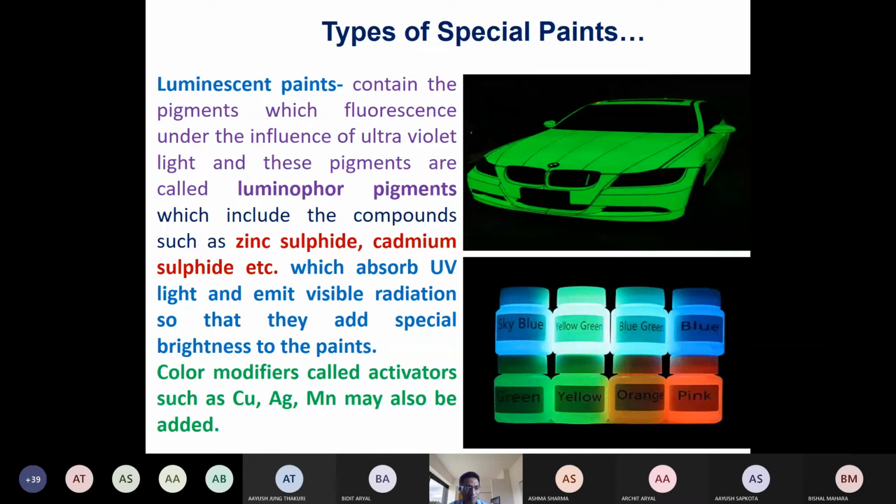Color modifiers called activators such as copper, silver, manganese may also be added in this paint, which will give more brightness to the paint.